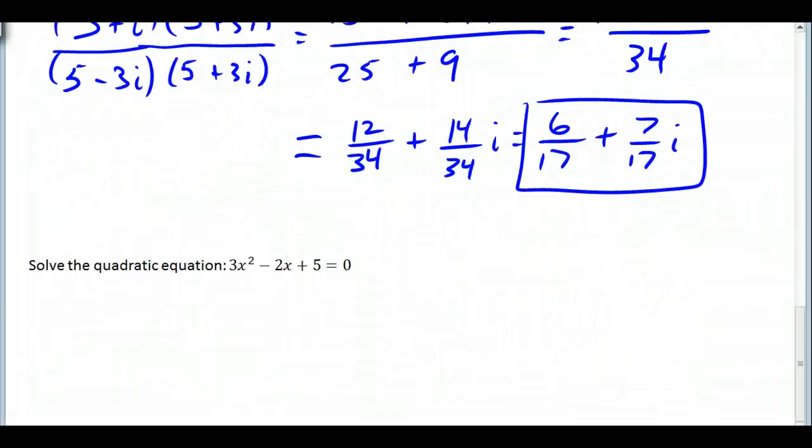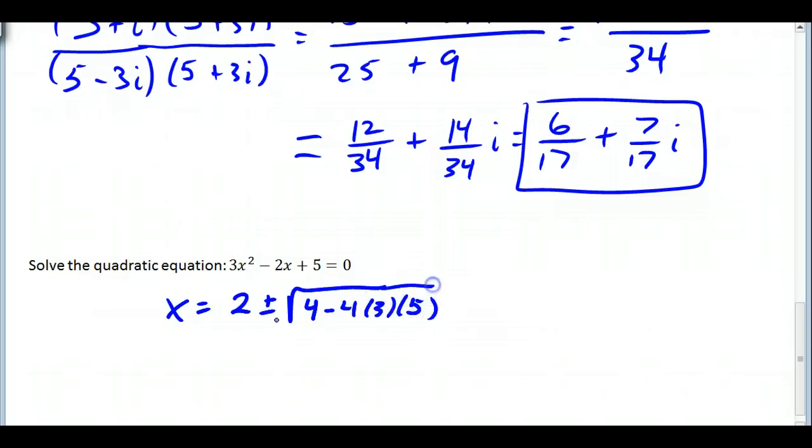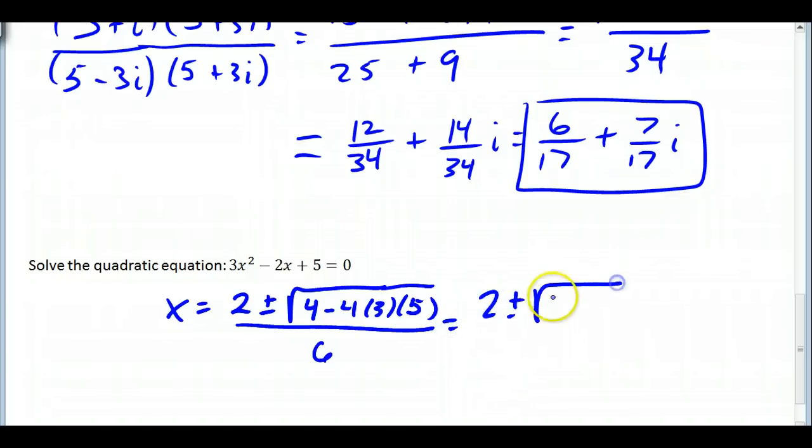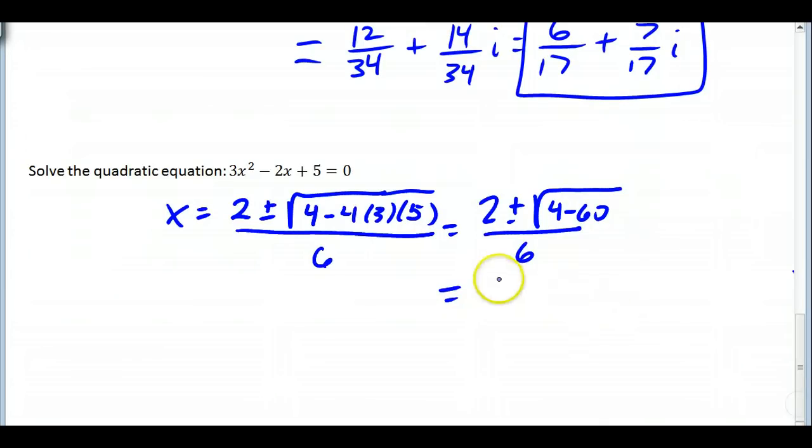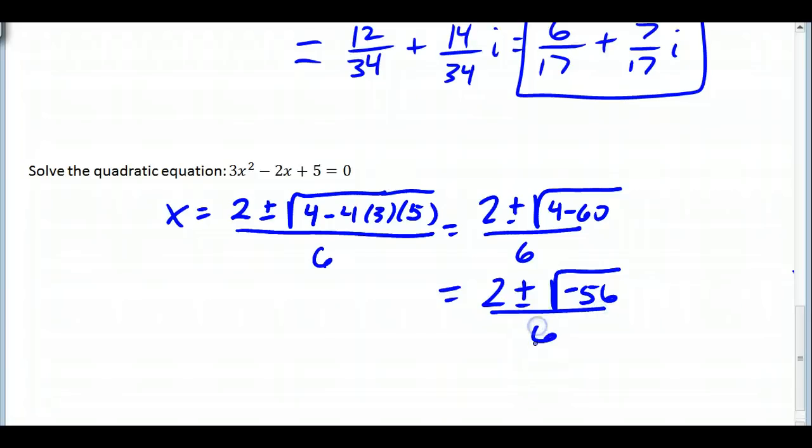Okay, so now that we can work with complex numbers, we can solve quadratic equations that previously had no real solution. So let's take a look at this. x equals negative b plus or minus the square root of b squared minus 4ac all over 2a, which is equal to 2 plus or minus the square root of 4 minus 60 over 6, which is equal to 2 plus or minus the square root of negative 56 over 6.